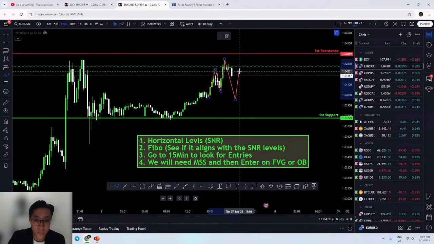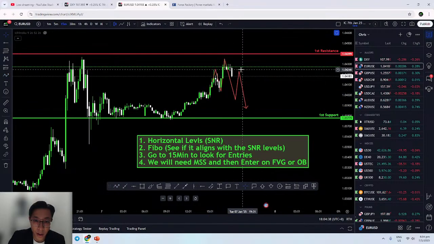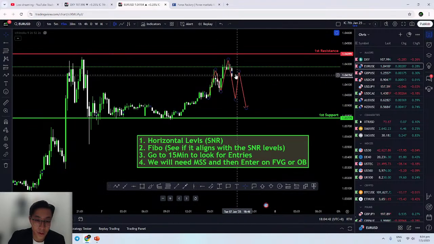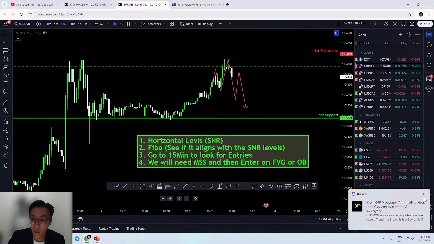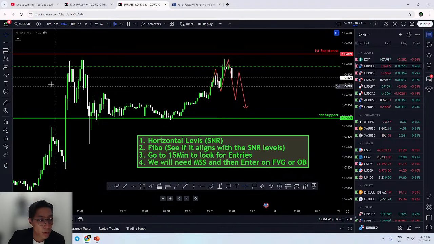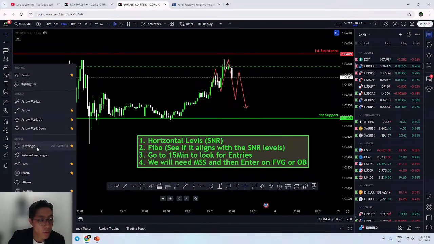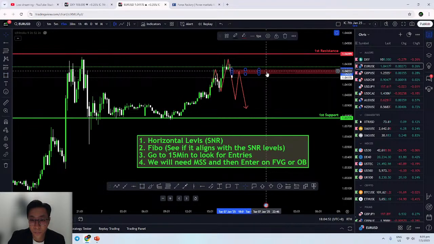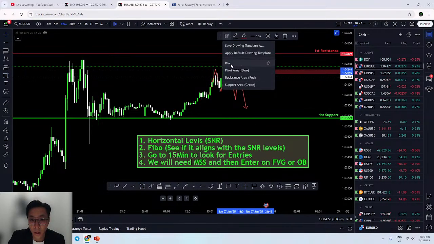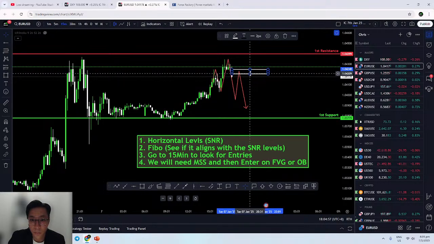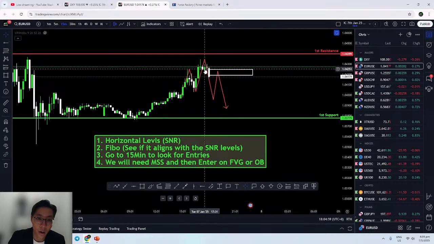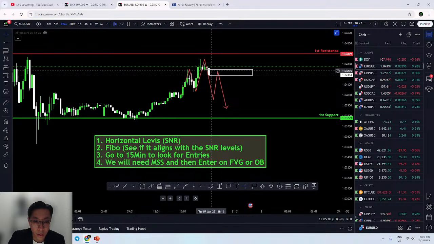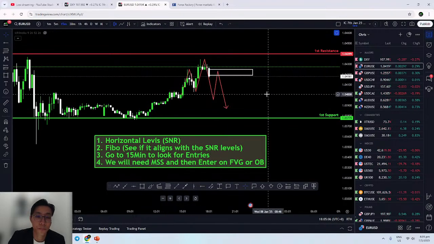And then once price comes back up to this level, we want to enter on the FVG right here. In this case, we are looking to sell, so we will enter on the supply area here.